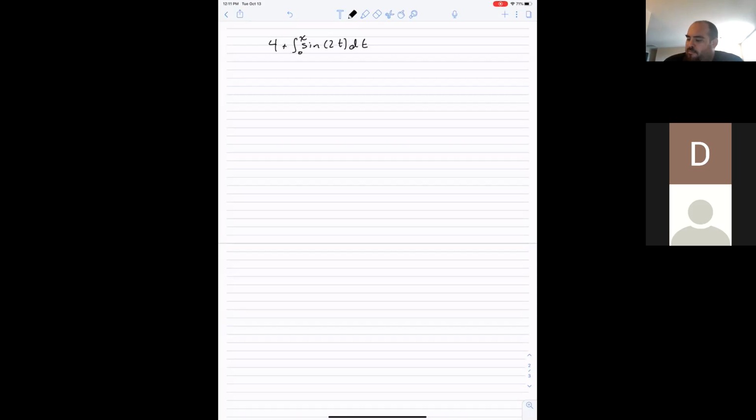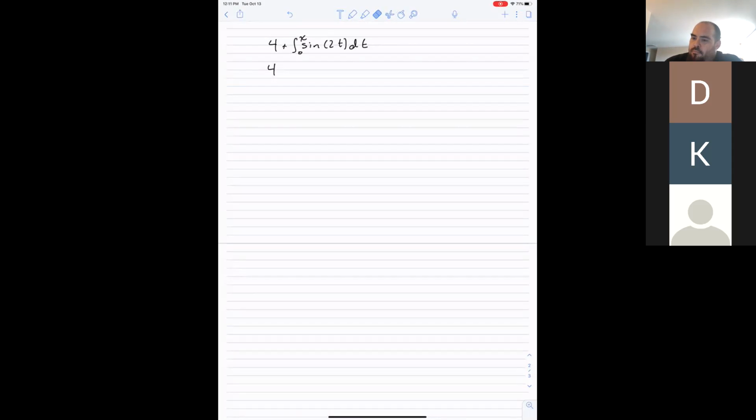We have a composite function. We're going to use chain rule. So what would this antiderivative be, knowing we have to undo the chain rule? Would it be -1/2 cosine 2t?